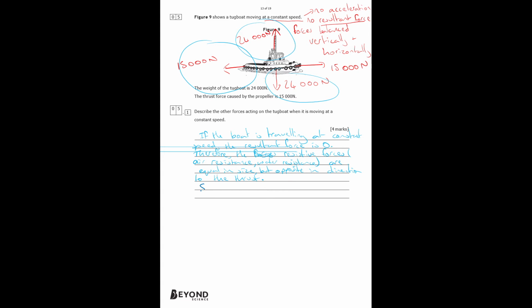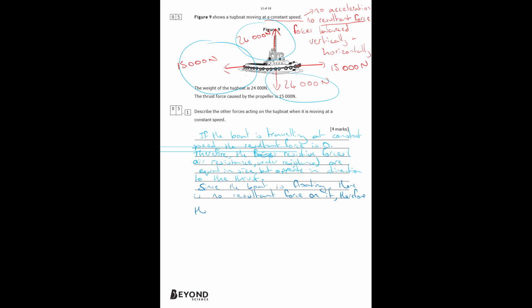So we can say, since the boat is floating, there is no resultant force on it. It is not sinking, it is not rising. There is no resultant force on it. Again, a similar structure to last time.